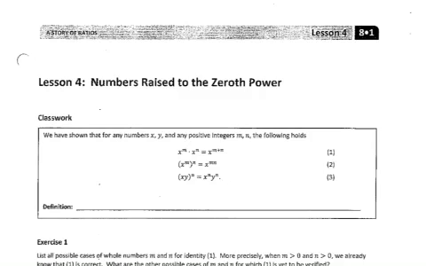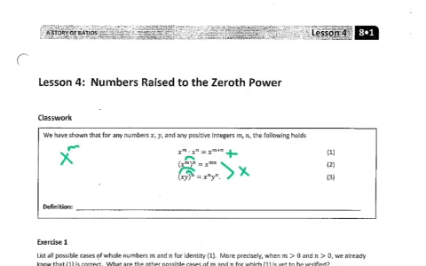Remember, when you're multiplying by the same base, you add your exponents. When you are raising a power to a power, you are going to multiply, which are these specific cases, and remember, when you do that, you have to distribute into every single term. Another rule we talked about was the rule for division.